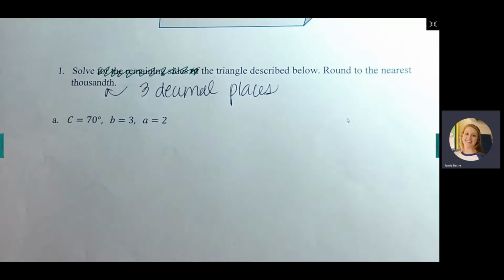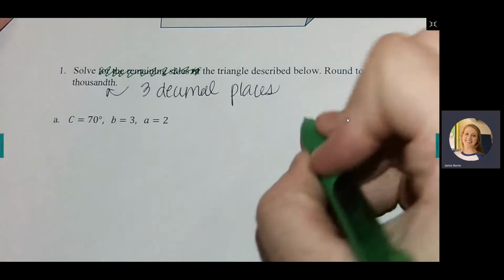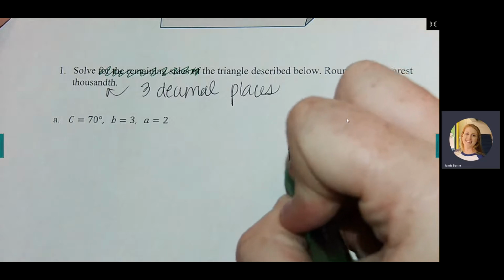I'm going to try turning this lamp off and see if that helps. Yeah, that's better. All right, so first one we have angle C is 70 degrees, side B is 3, and side A is 2. All right, so you can do one of 2 things first. You can go ahead and write out this little table, as I call it.